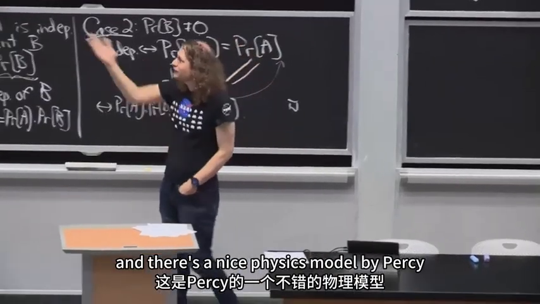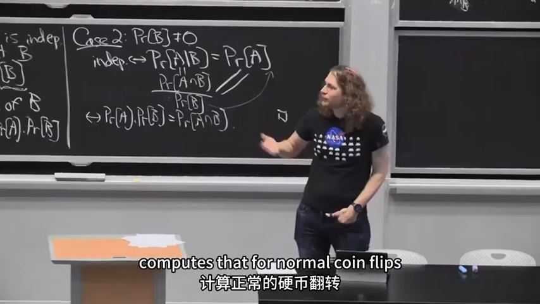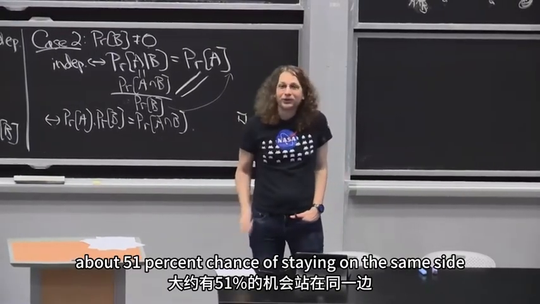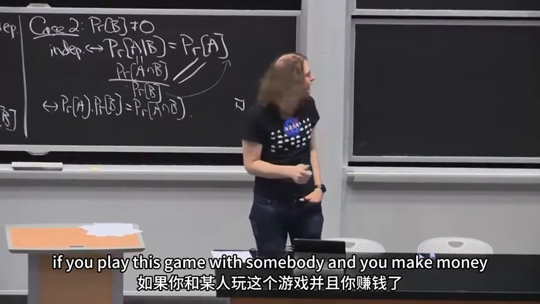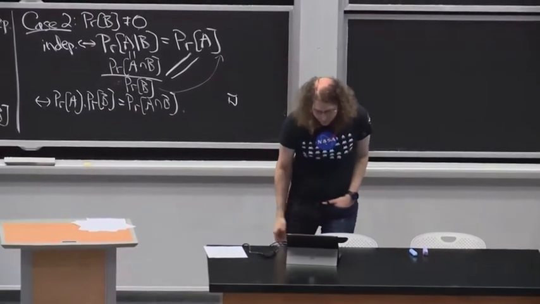And there's a nice physics model by Persi Diaconis and others from back in 2007 that computes that for normal coin flips, you should get about 51% chance of staying on the same side. So if you play this game with somebody and you make money, please thank us.